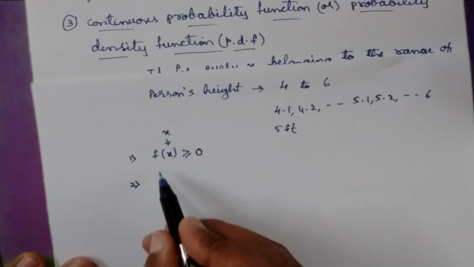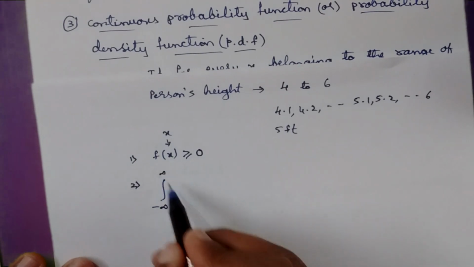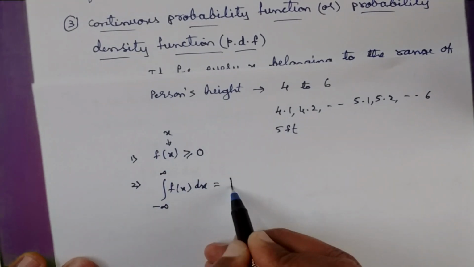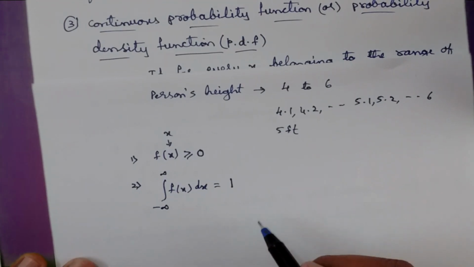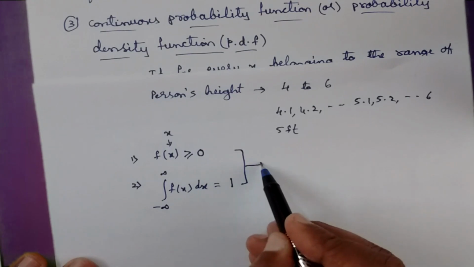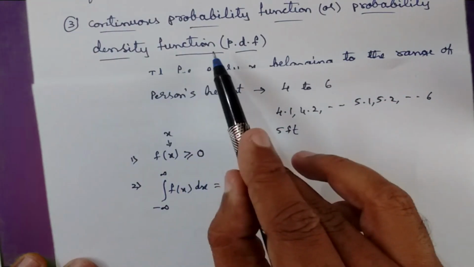And the second condition is that the integral from minus infinity to plus infinity of f of x dx comes out to be 1. If these two conditions are satisfied, then such type of function is called as a probability density function.